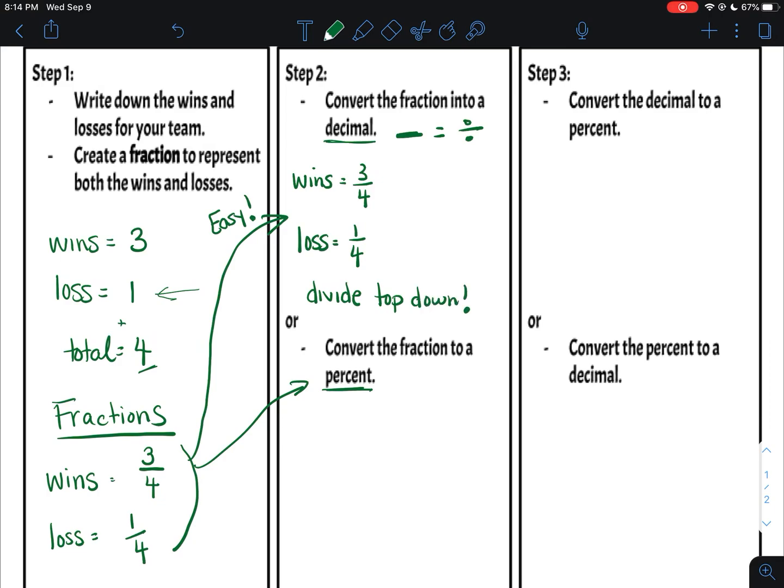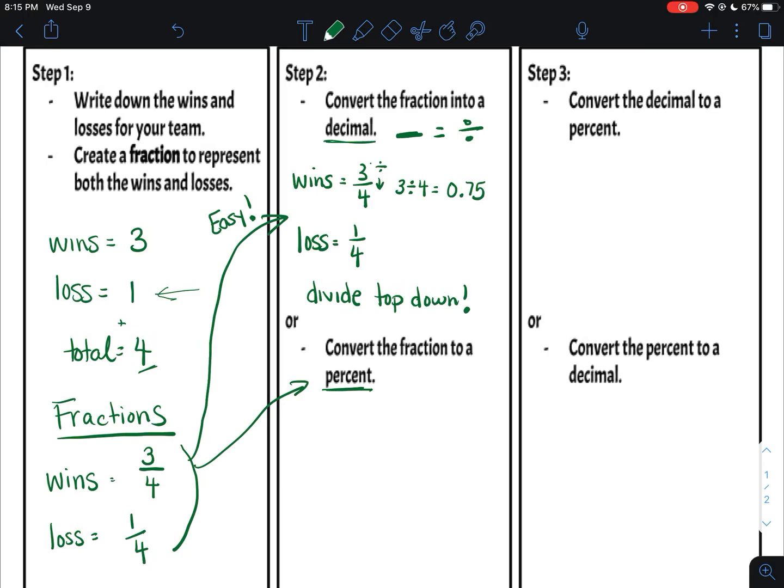So if you have the fraction 3/4, you want to start at the top and divide down. So do 3 divided by 4 in your calculator. Do it right now so you can actually trust me. You should get 0.75. Okay.